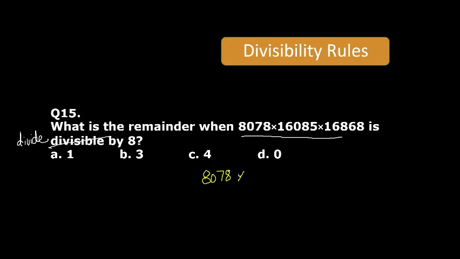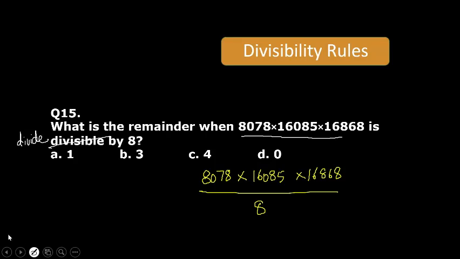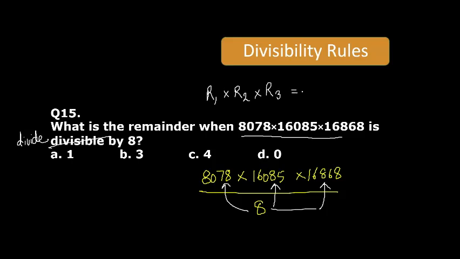First of all, there is no need to multiply first and find the remainder. Rather, we will do it smartly: we will first divide all values by 8 and find their remainders, and then we will multiply them to get the final remainder.